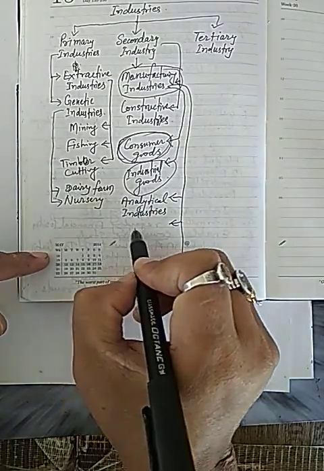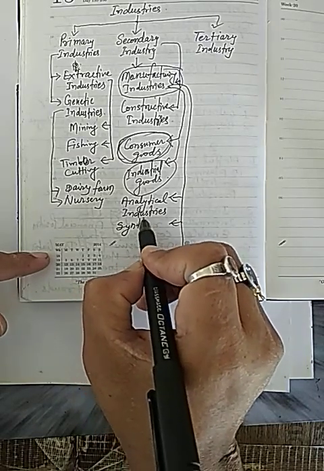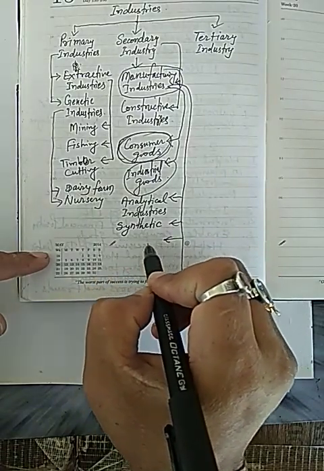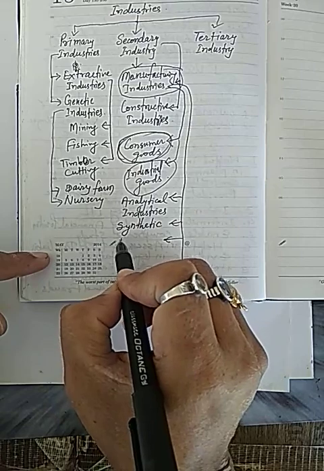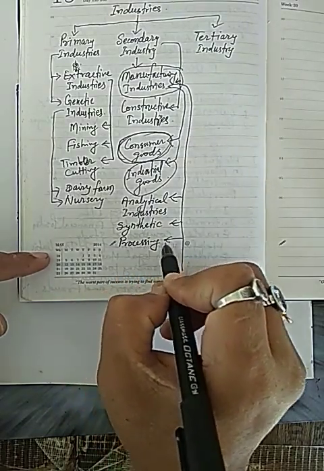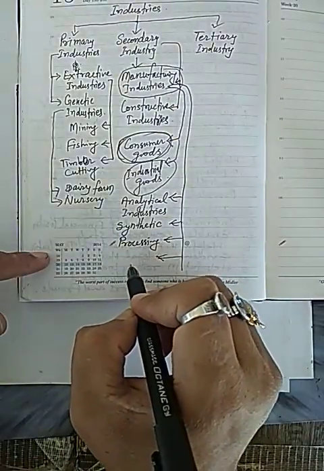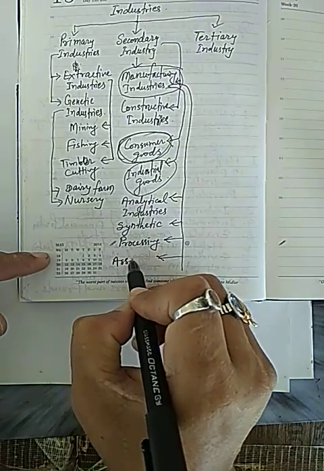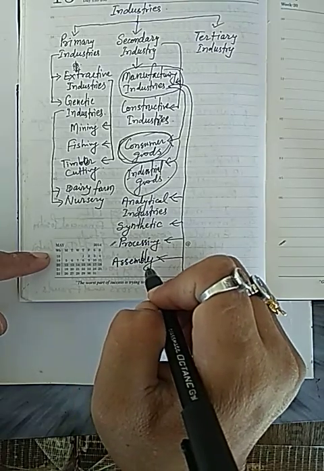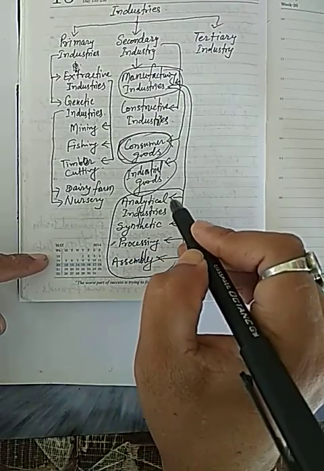Second, synthetic industries. Third, processing industries. And fourth is assembly industry. So there are four types of manufacturing industries.